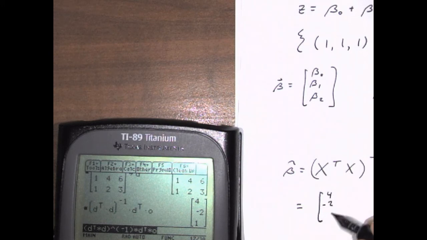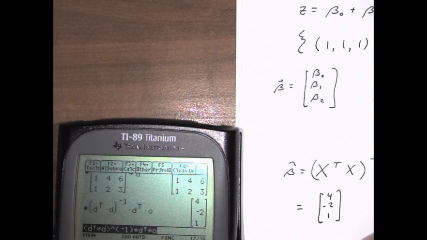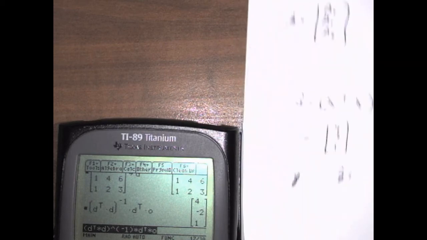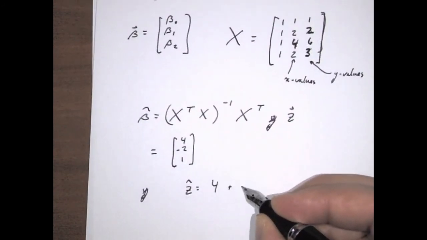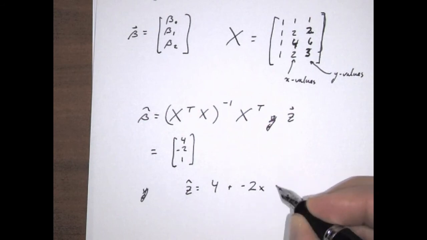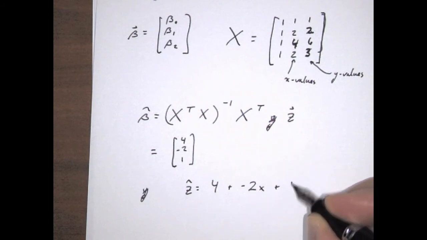4, minus 2, 1. So then that means, oops, not y, really it's z here. So z, the projection of z, the least squares solution for z, is going to be 4 plus negative 2x plus 1y.